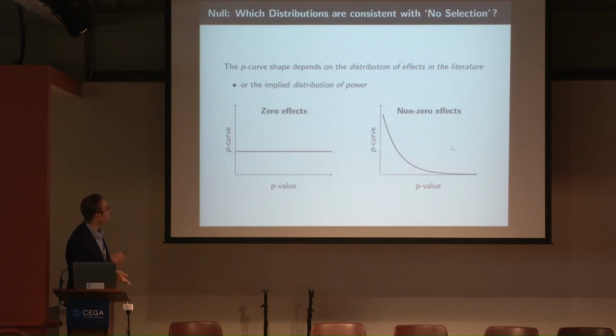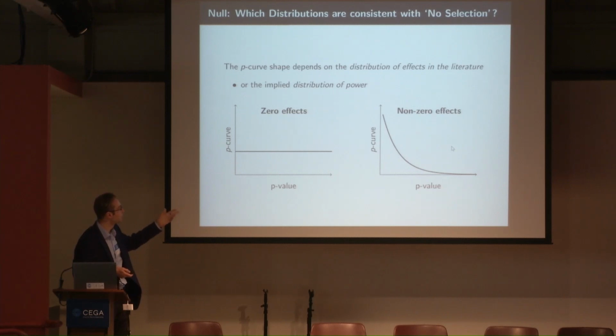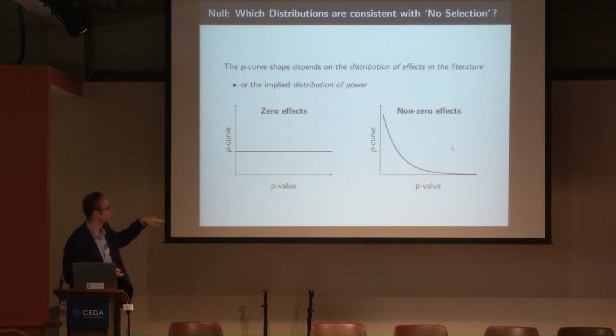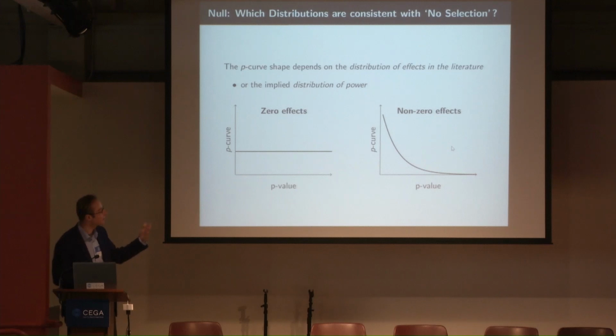Of course, this distribution may look very different depending on the distribution of effects. If all effects are very small or zero, then we are likely to observe uniformly distributed p-values, or uniform p-curves. On the other hand, if studies analyze very large effects, then we naturally will be observing very small p-values even under no selection.